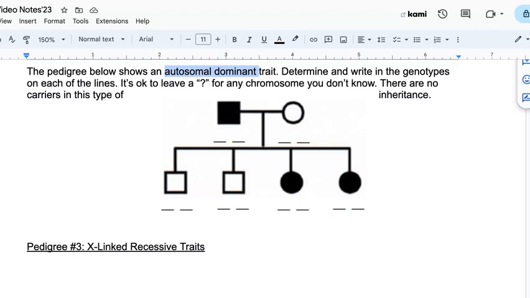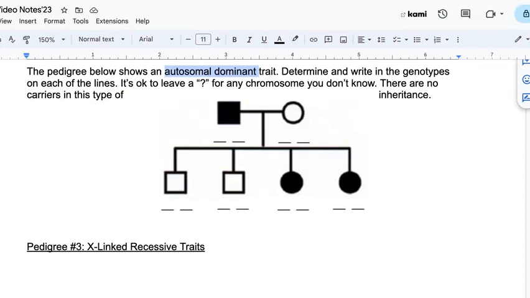And mom only has little a's to give. So I know that both girls are heterozygous for this trait. But even though they're heterozygous, they're fully shaded in, they're not carriers. If they were a carrier, we would half shade them in, and they would look like this. If it was a recessive disease, we would half shade like this.